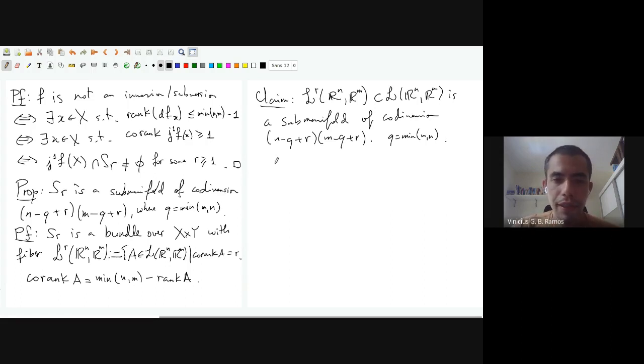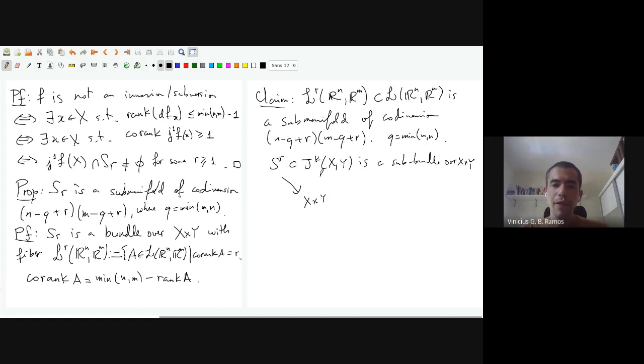So this guy contained in here, you can think of this as a subbundle over X times Y. So you can think there are these two maps over X times Y. And the fiber here at the SR is this LR, and the fiber here is L. Okay, so the codimension is going to be just the codimension of the fibers.